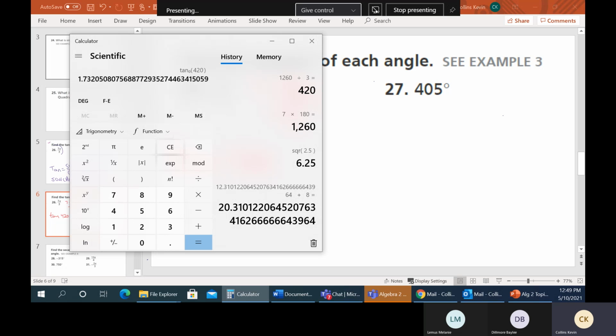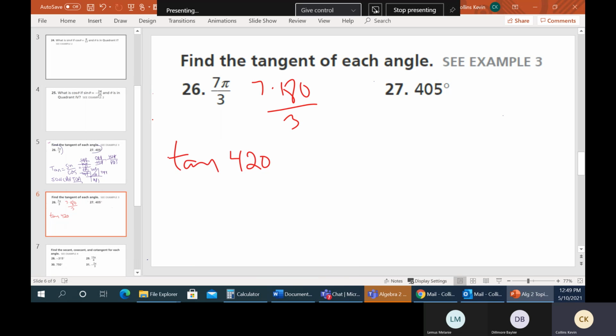Okay, so there's 2 answers you're going to get. Well, there'll be 3, but there'll be 2 answers you get for tangents. You know how with the sine and the cosine, we only had 3 usual answers that we would get. We would get 1/2, we would get the square root of 3 over 2, or we would get the square root of 2 over 2, right?